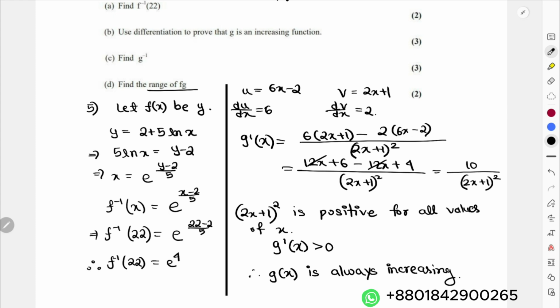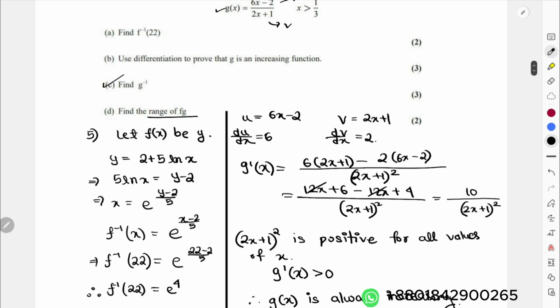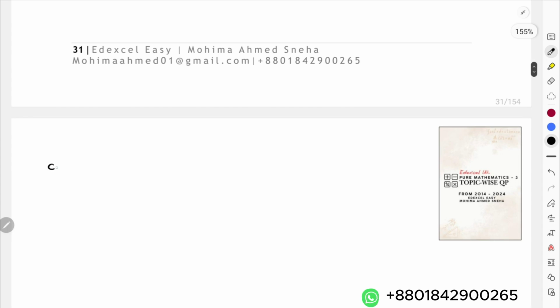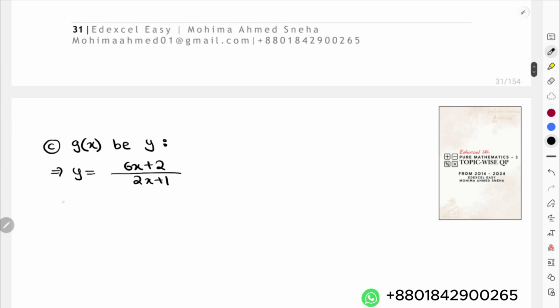For fg(x), I would first have to find out the equation for your fg(x), right? Oh, sorry, before that, we are working with g inverse x for part C. For part C, g inverse x means that g(x) be y. So we basically have y equals (6x plus 2) over (2x plus 1). If you take that 2x plus 1 to the right hand side, we get 2xy plus y equals 6x plus 2.